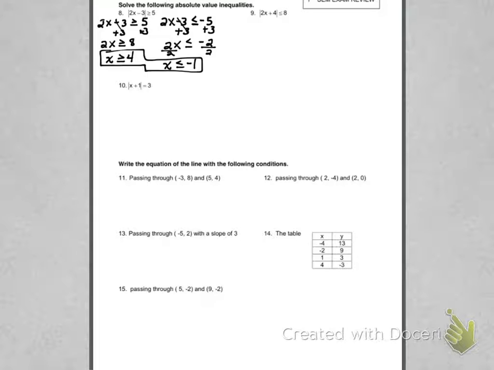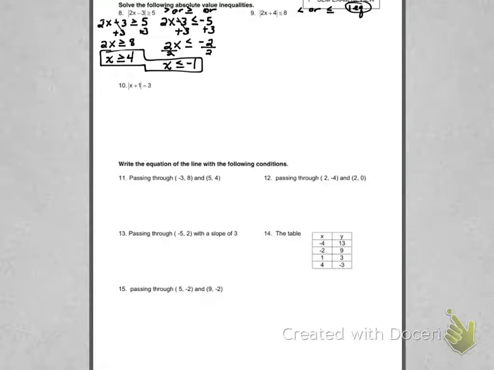Now, when it's greater than or equal to, you have an or, so you have two equations. When it's less than or equal to, then you have one equation. Now again, draw it on the number line to be sure. Putting it on the number line will tell you how that works.